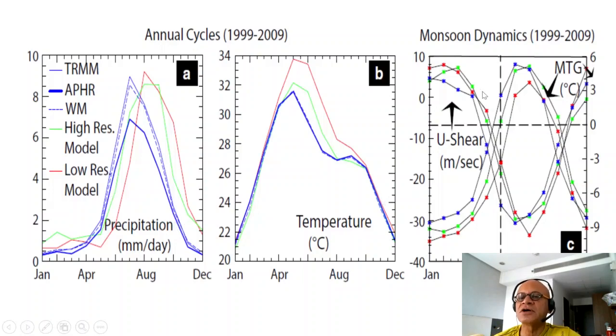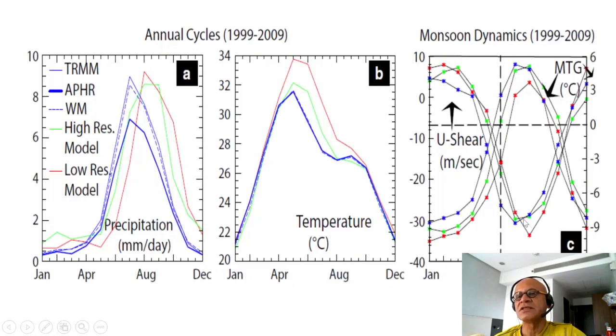Looking here at again the resolution impact on dynamics in terms of meridional temperature gradient in the troposphere and the vertical shear, you can see that there is a change. So the red line here is low resolution, and the line with green dots is the high resolution, and you can see that it does get better compared to Aphrodite here, or TRMM, one of them, observational data.